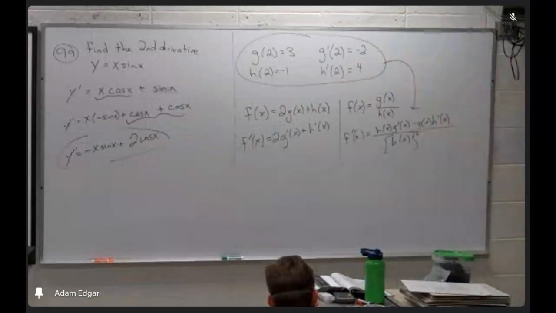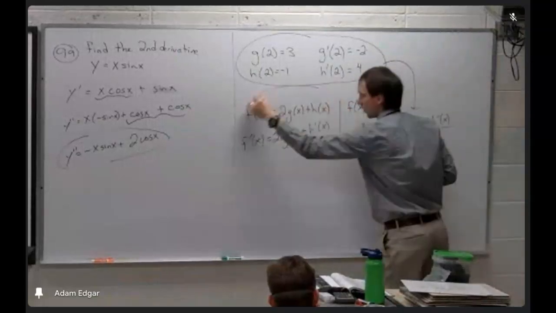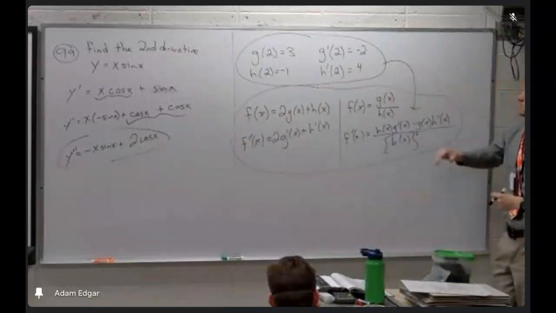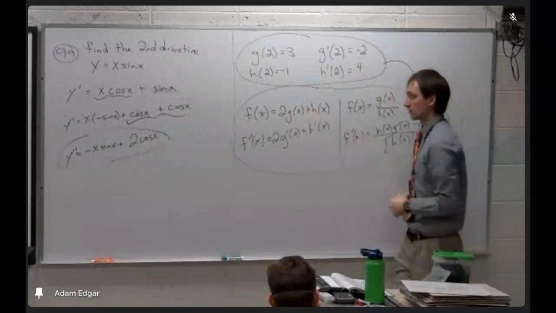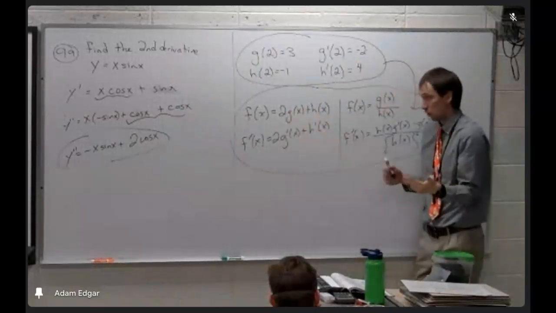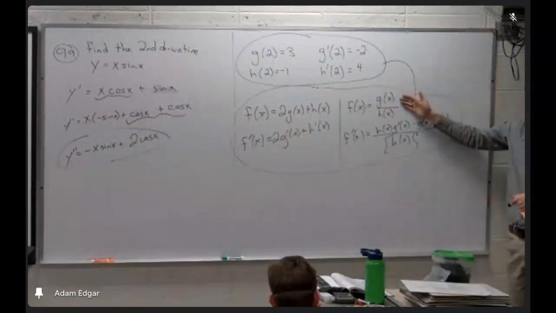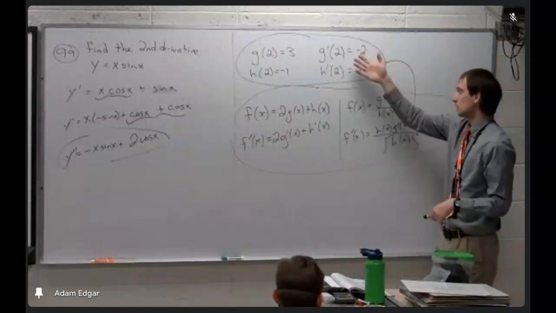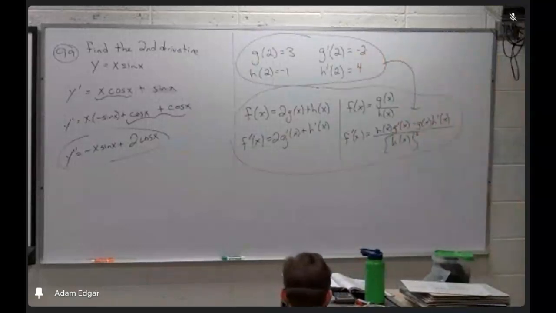So if you see something like this, whether on a homework or a quiz or a warm-up or wherever, use your differentiation rule. Sometimes it's as simple as, oh, just g becomes g prime and h becomes h prime. Okay, that's cool. Sometimes you got to use your quotient or product rule. Pay attention to what's getting divided or multiplied, and then take the information and dump it in and evaluate.